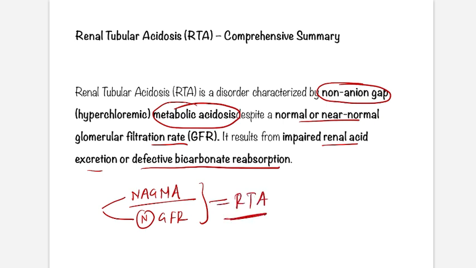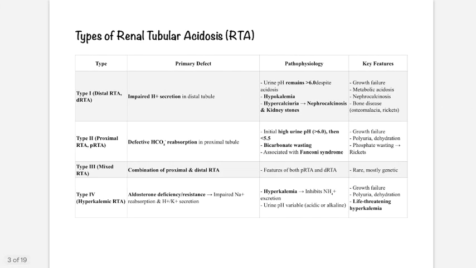How this occurs, the mechanisms including acid secretion and bicarbonate absorption problems, we will discuss later, but as of now just remember the hallmark of this condition is NAGMA, non-anion gap metabolic acidosis with normal GFR. So this is an overview of renal tubular acidosis.